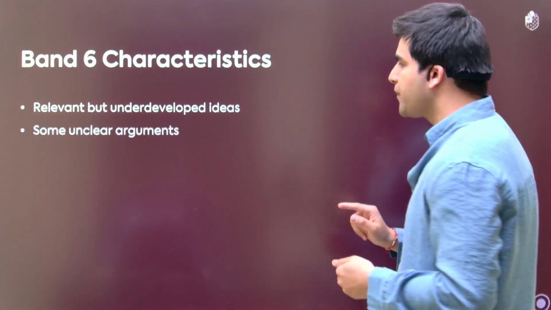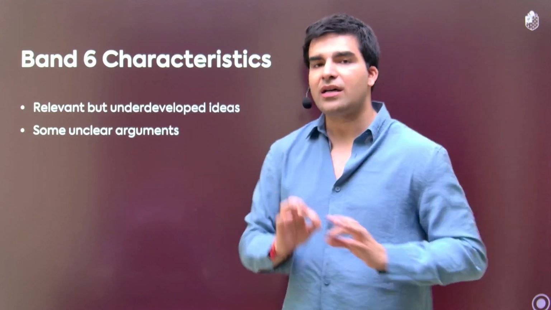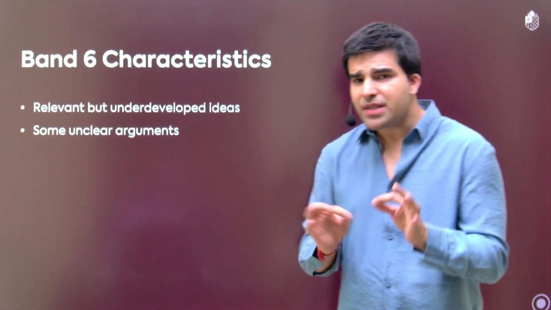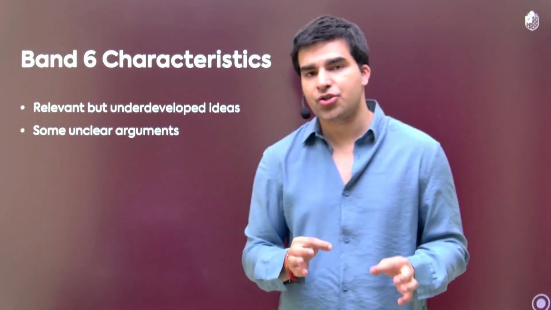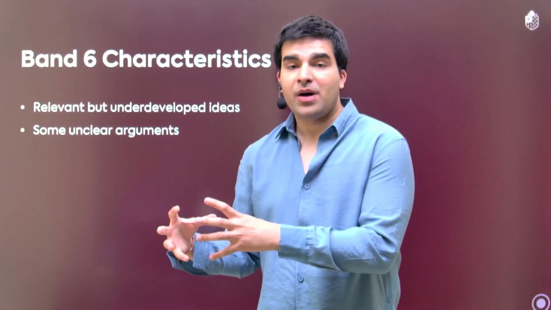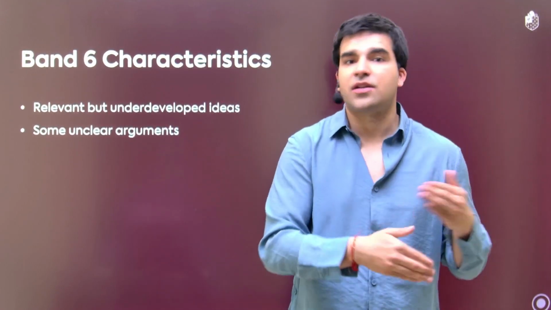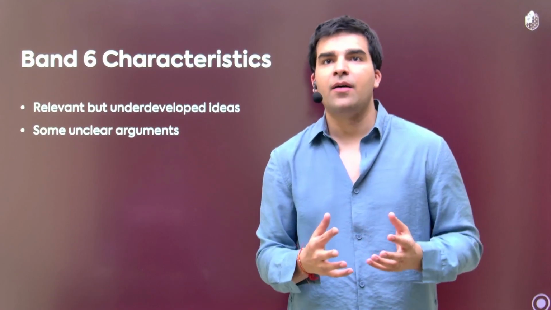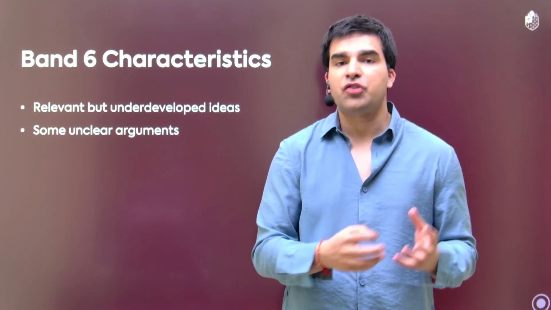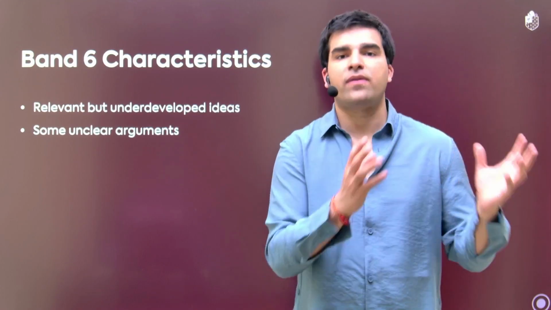Let's move ahead. Number 2 is unclear arguments. The arguments are not connected with each other. At one place, you're talking about fast food being dangerous for health, and at some other place, you've suddenly started talking about, let's say, the cravings of people in South Africa.